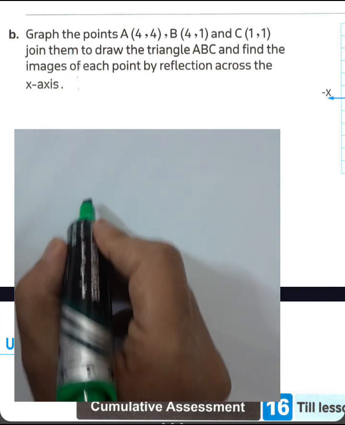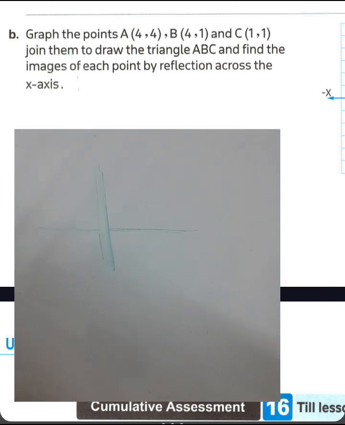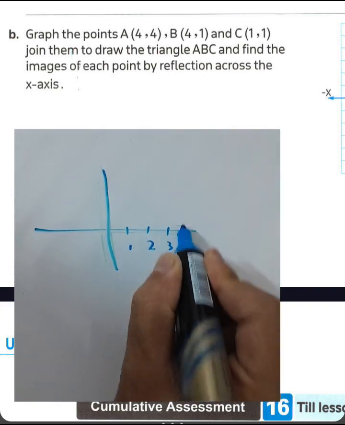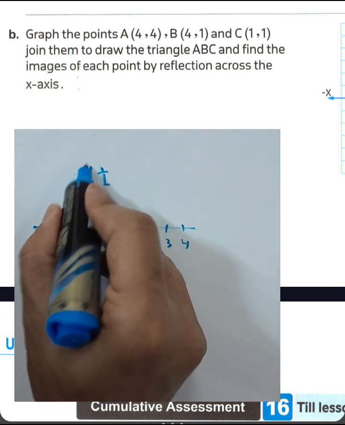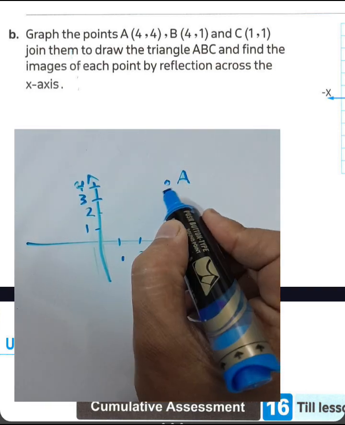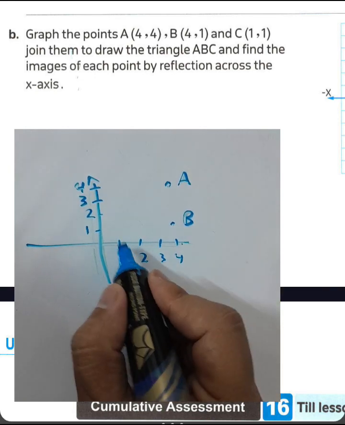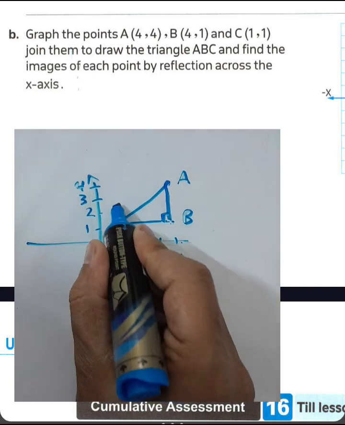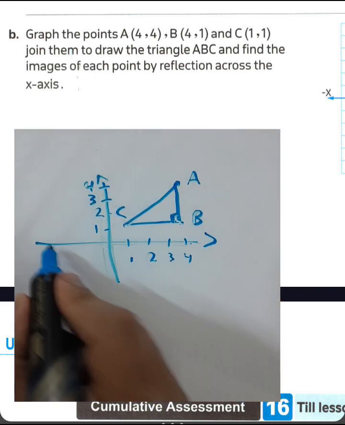We have in this coordinate here A and B and C. Draw with me here: 1, 2, 3, 4, and 1, 2, 3, and 4. First point A is 4 and 4, and B is 4 and 1, and C is 1 and 1. Okay, you want to find the image across the x-axis here.